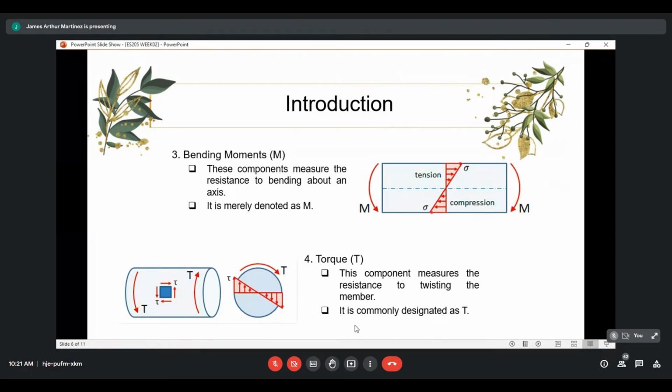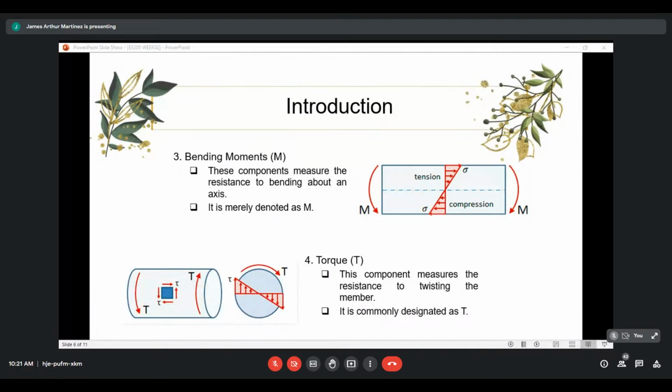So when we say bending, if you have a beam or figure or object or body that is subject to bending moments, it bends, from the term bend. So that is the bending action it resists.